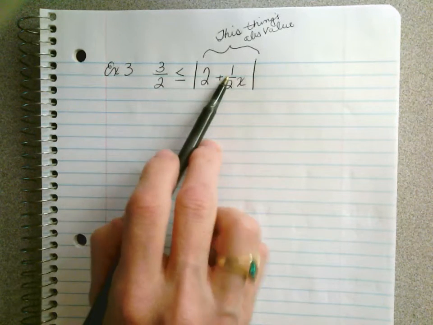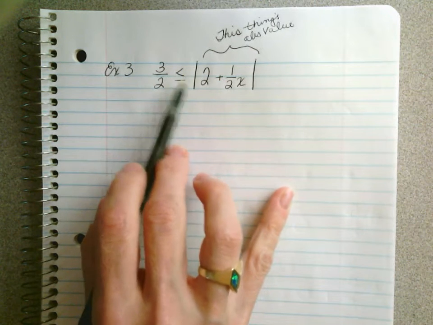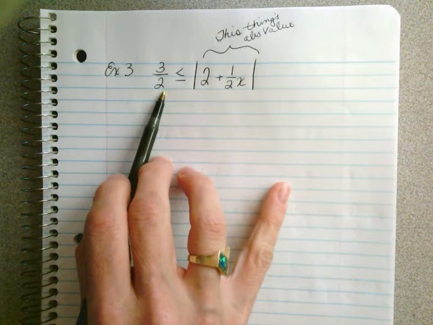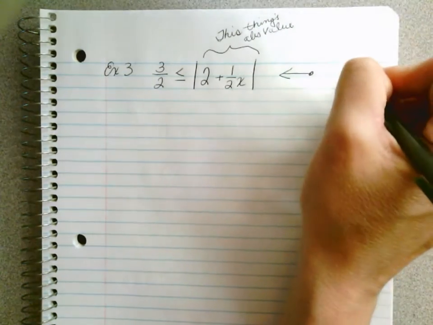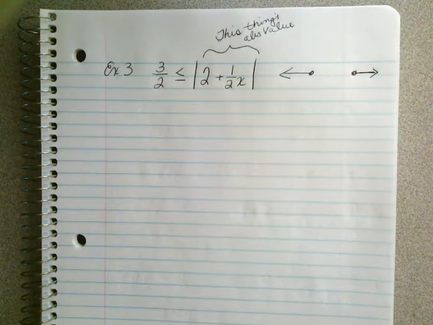Whatever this is has an absolute value that is larger than or equal to 1 1/2 spaces from 0, which means whatever you graph is going to look like that. We just don't know what it is yet.